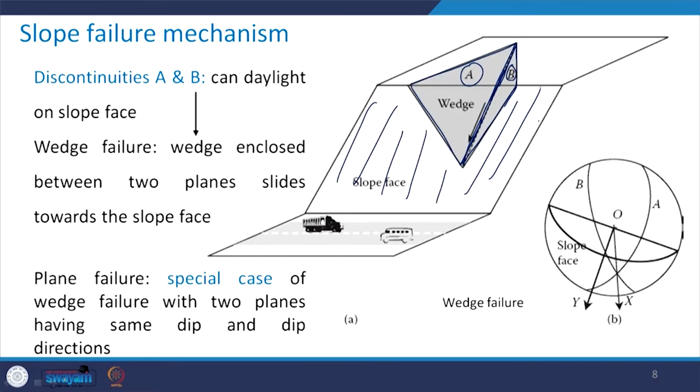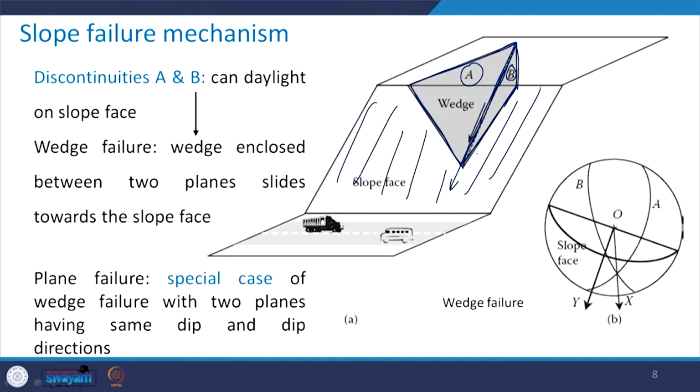What do we understand by the wedge failure? So, you see, both the discontinuities are there, and whatever is the wedge that is being formed here, like this, it will have the tendency to slide along this line of intersection. So, this will be sliding towards the slope face. So, this is what is called as the wedge failure.